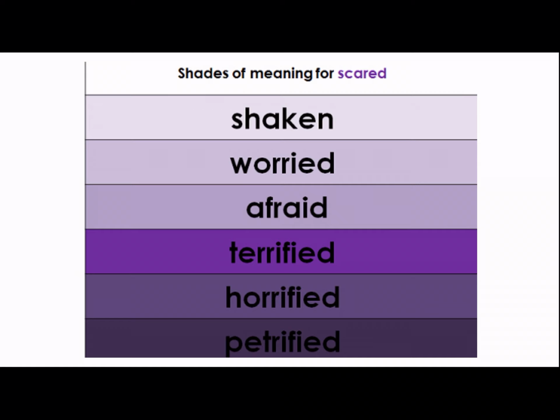And that's kind of a synonym for scared. Now, if you lose, let's say, your child at the grocery store or at an amusement park, you may be terrified, horrified. You may even be petrified, because losing somebody is a much more intense feeling of being scared.